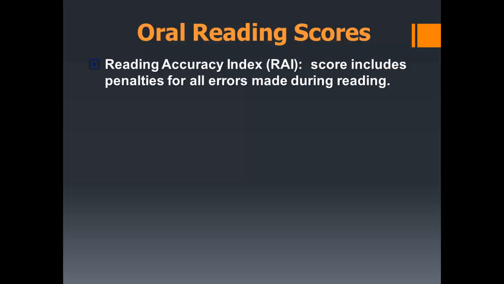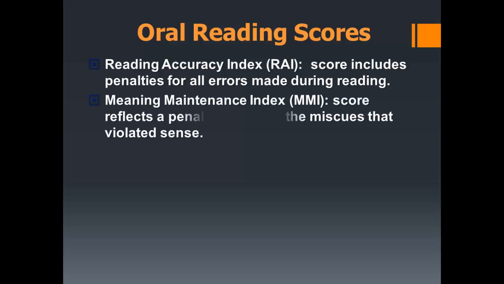After the oral reading task, you have what's called a Reading Accuracy Index, RAI. That score is determined by the inclusion of every single miscue made. However, the Meaning Maintenance Index, MMI, reflects only miscues that violated meaning.